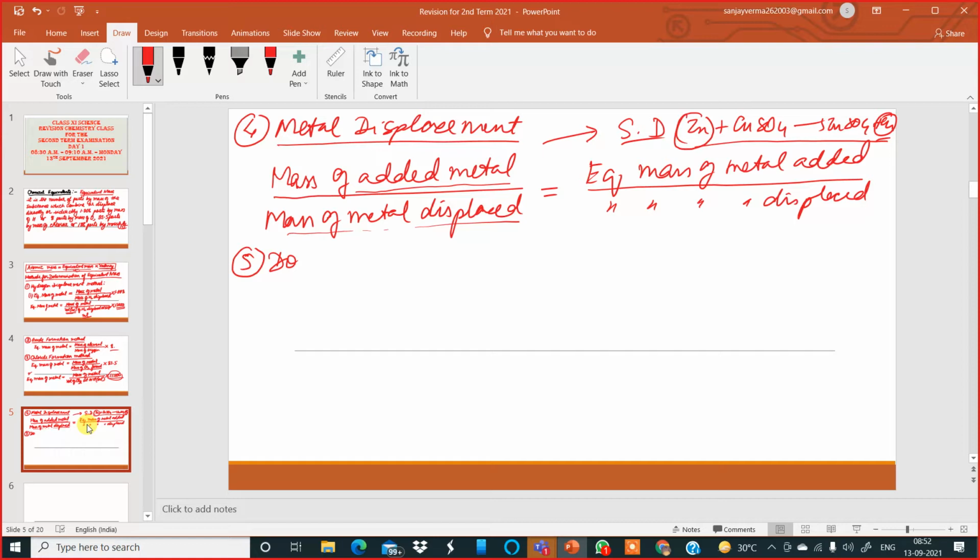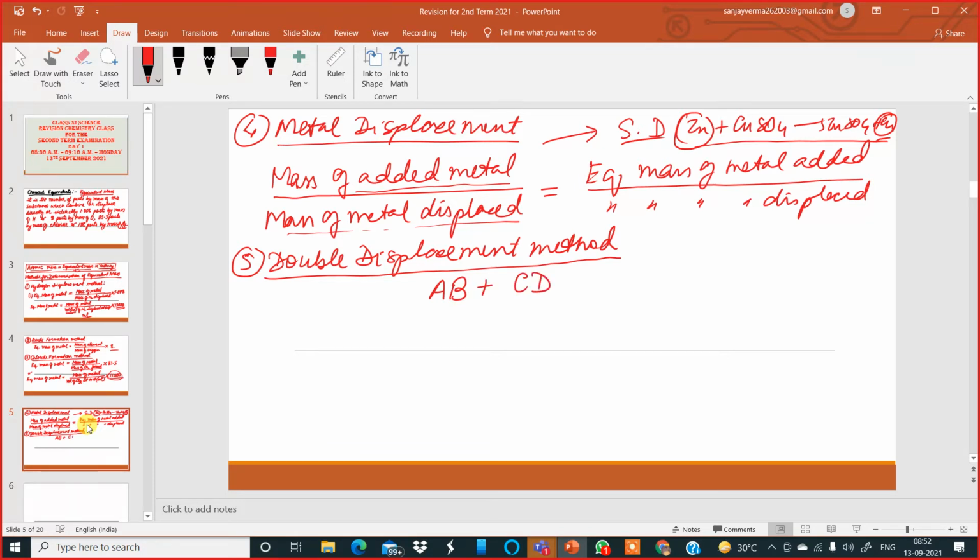Number 5 is called the double displacement method. You must have heard of double displacement reactions, like a general equation: AB plus CD, the two reactants, gives the products AD plus CB.